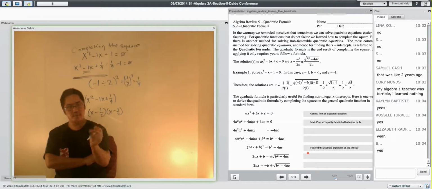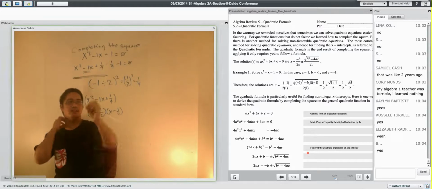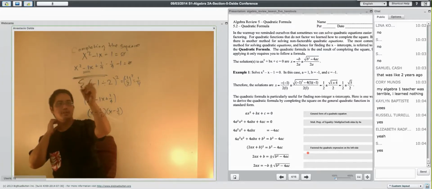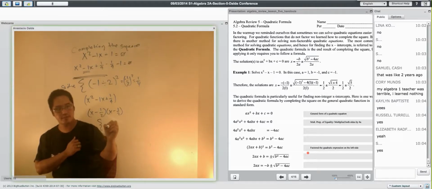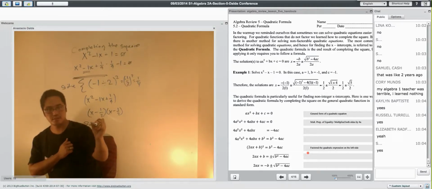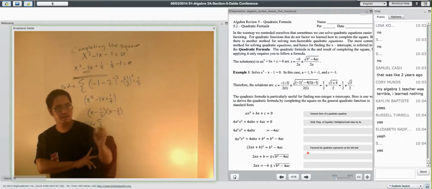If you don't believe me, I'll prove it to you. I'll FOIL this. This right here is just side work. If you don't believe me, I'll prove this is the same as that.